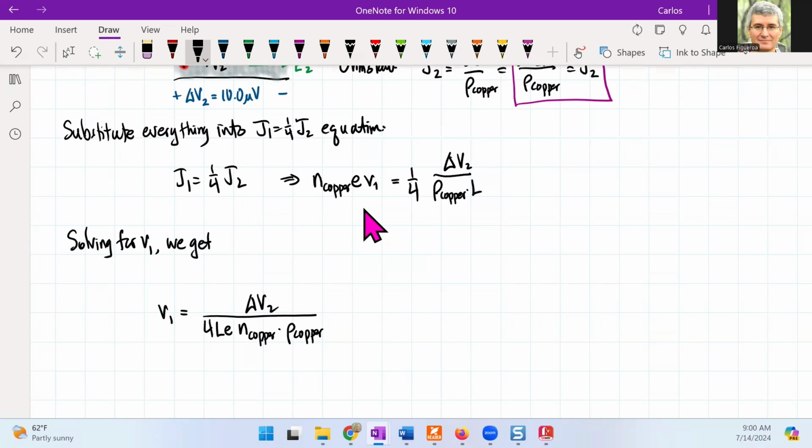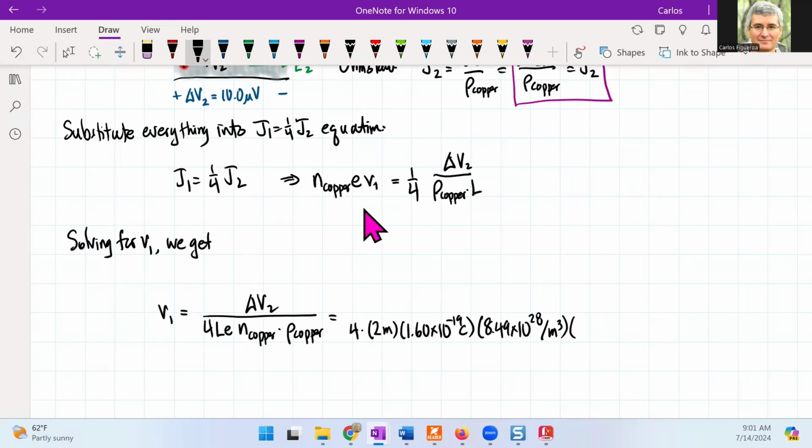So if I start putting in my numbers, I'm going to get 4 times 2 meters. Then I need the charge, which will be 1.60 times 10 to the negative 19 coulombs. Then I have my number density, which is 8.49 times 10 to the 28 per meter cubed.